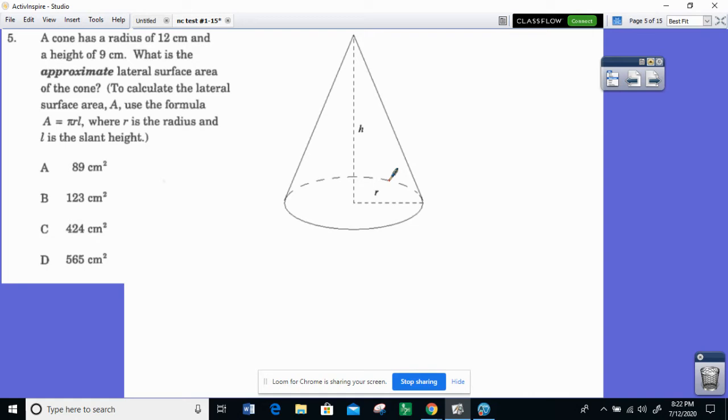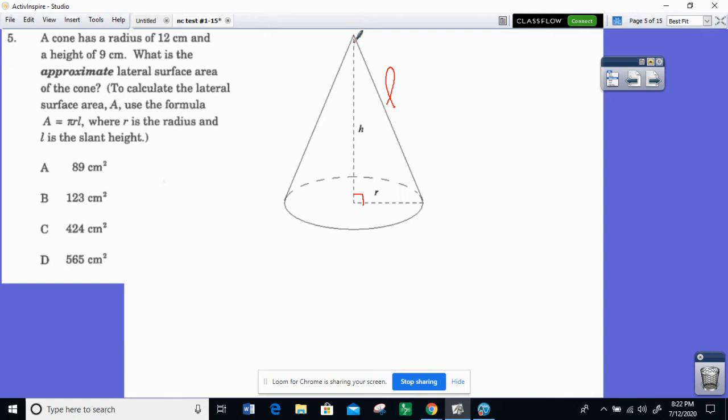We know that the radius and height of a cone are perpendicular to each other. We also know that we're going to need to solve for the slant height. The slant height in a cone is the distance from the very top of the cone, the vertex, down to any point on the circle.